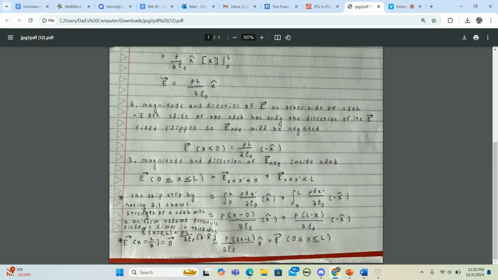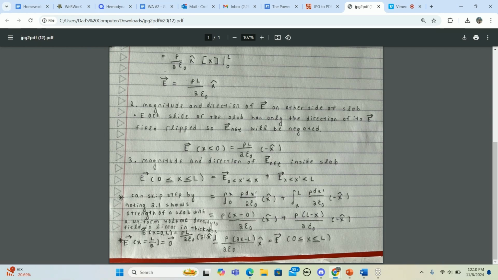When we add those together and integrate, we get ρ times (2x minus L) over 2 epsilon naught in the positive x hat direction.